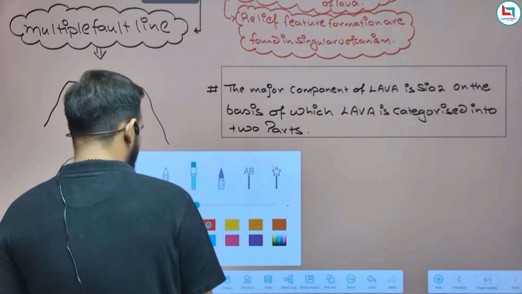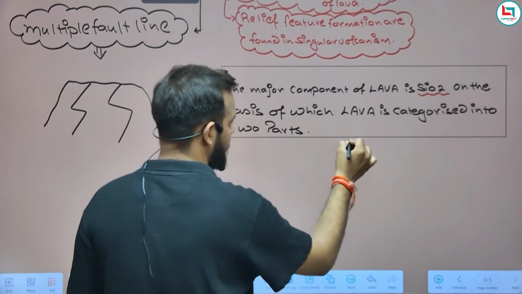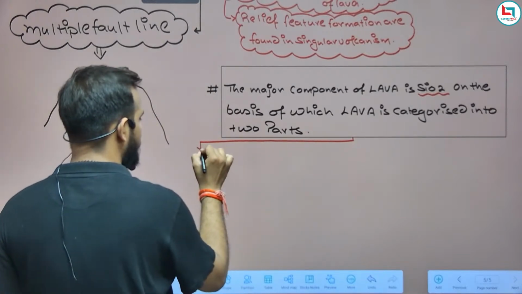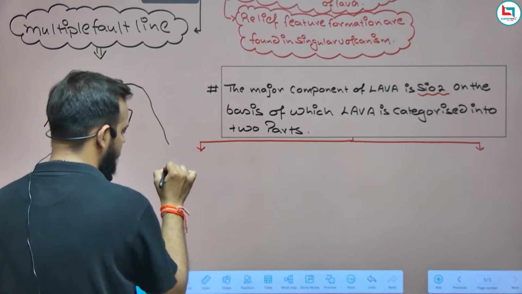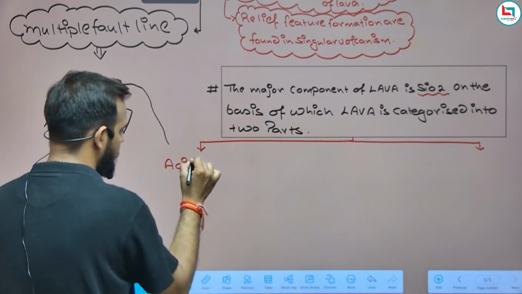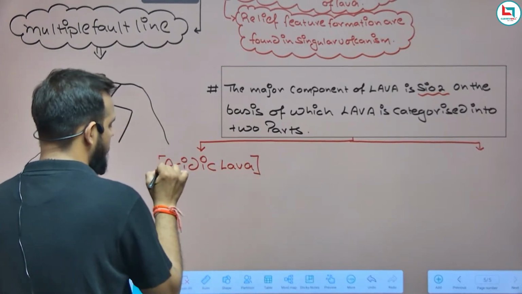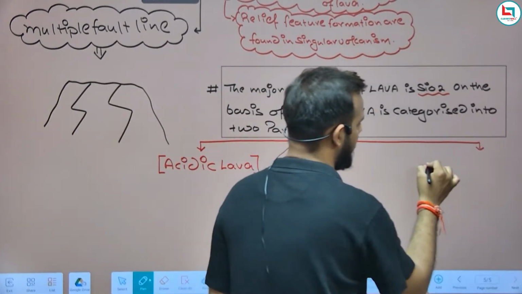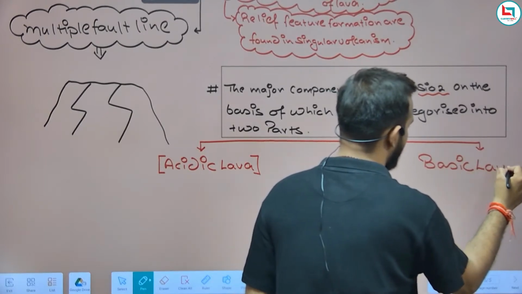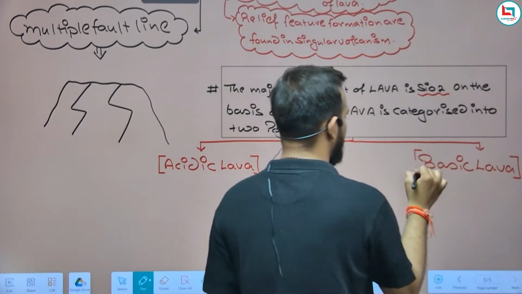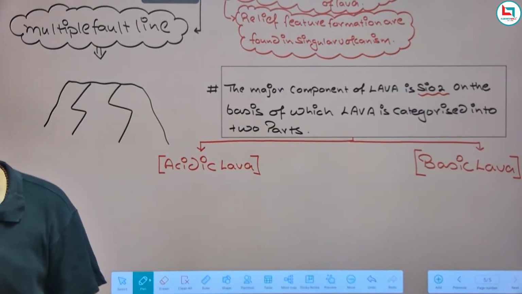So we have divided lava into two categories on the basis of silica dioxide. We have the acidic lava and the basic lava. Now, buddy, remember how we have categorized acidic and basic lava.